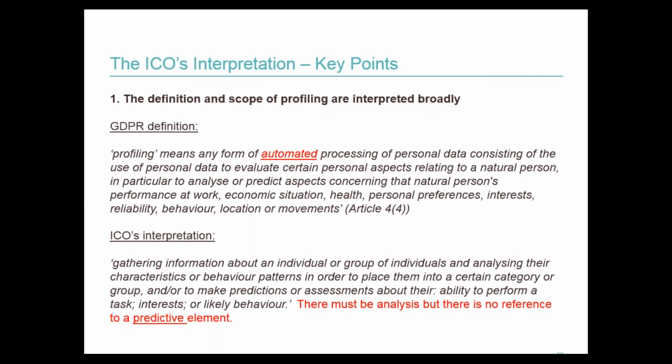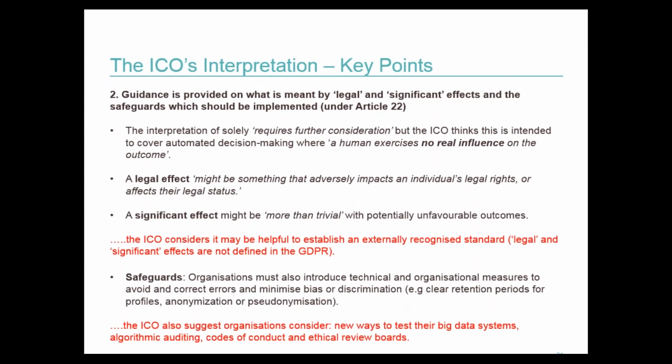And it's an early indication that the ICO's preference could be for potentially a wider interpretation of what profiling and automated decision-making entails than the text of the GDPR actually suggests. And one of the things that the ICO has asked for feedback on is whether stakeholders agree with this approach, or whether they think that there should be a predictive element or some degree of inference for the processing to be considered profiling. So you'll wait and see what the results of that is.